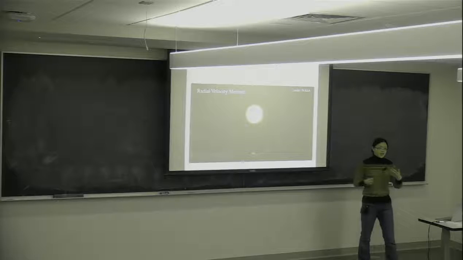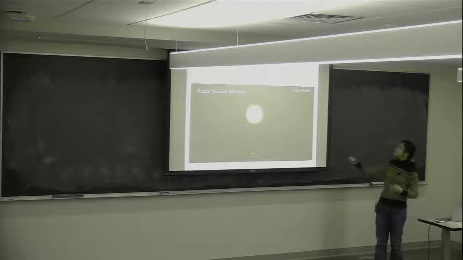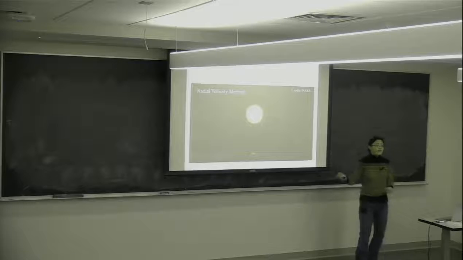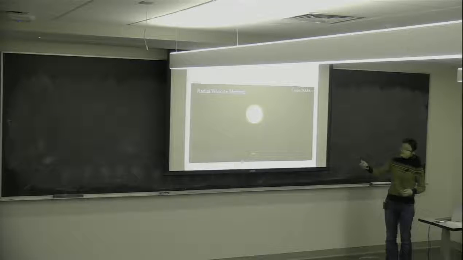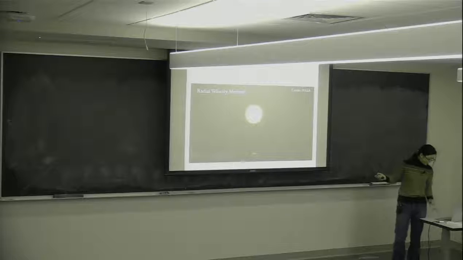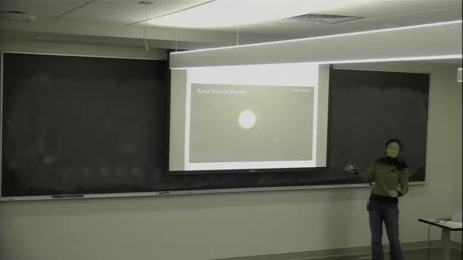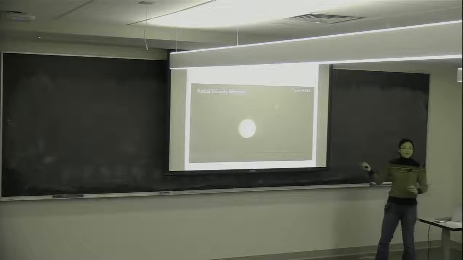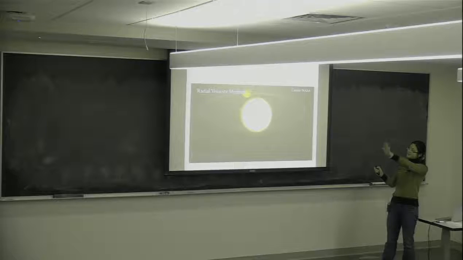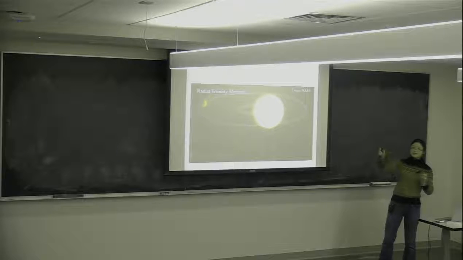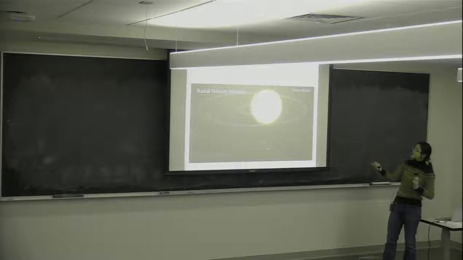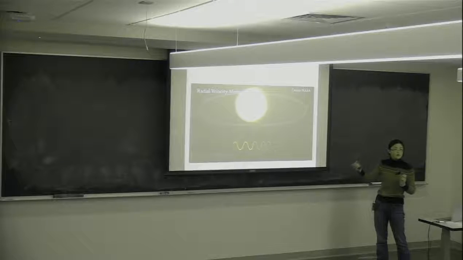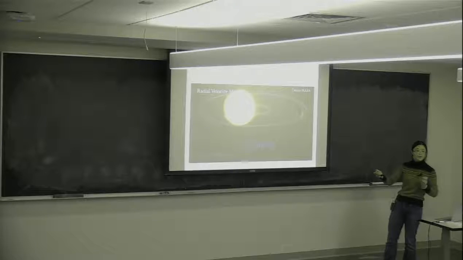One of the earliest methods to detect these exoplanets is the radial velocity method, where in this picture, the planet and the star orbit around each other, around the center of mass. So if the orbit is slightly misaligned along the line of sight, one could see that the star can move away from us for a while and move towards us for a while.